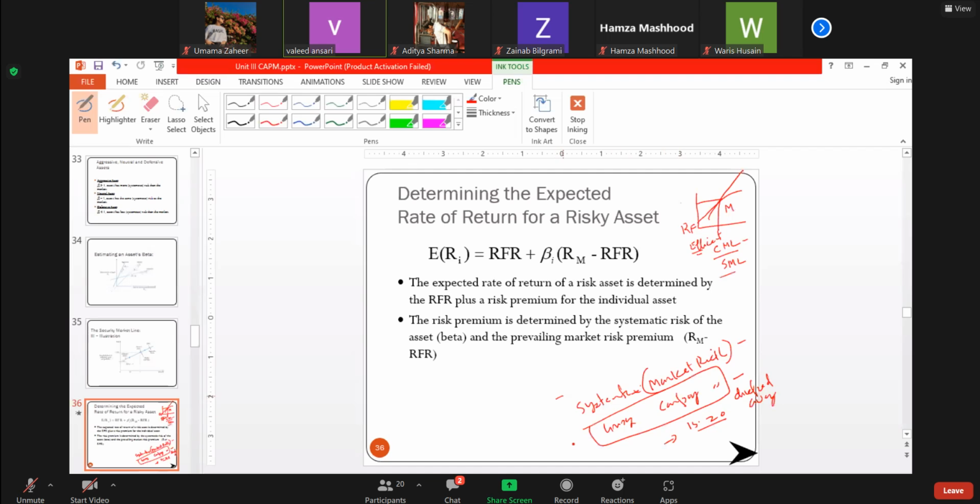So what the CAPM or the capital market line, which is a general version of this, says that market will reward you for bearing a risk which is undiversifiable, cannot eliminate this risk.